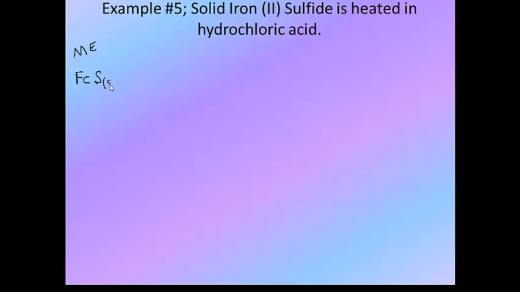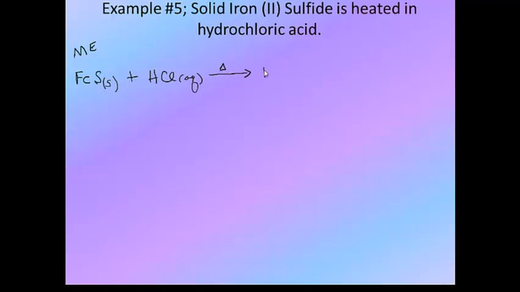So this is solid. So this doesn't start out as an aqueous solution, so it's a little different. Heated in hydrochloric acid, which is aqueous. Sometimes you might see that referring to heat. Double replacement reaction.